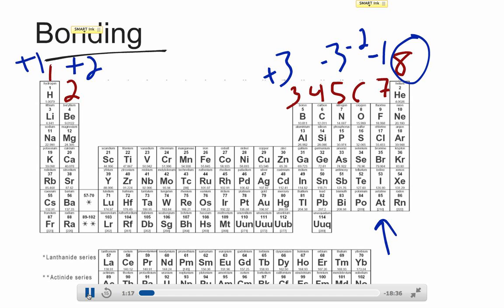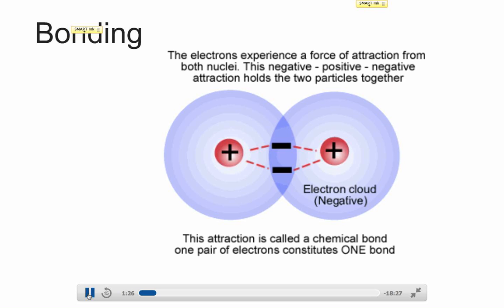Now, with that being said, there's not always a transfer of electrons going on in every chemical reaction or every chemical bond. Regardless, what we're going to have set up is a situation where elements, and particularly their nuclei, of different elements are going to attract the electrons from another individual atom.